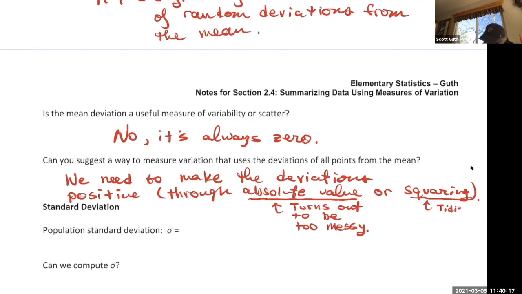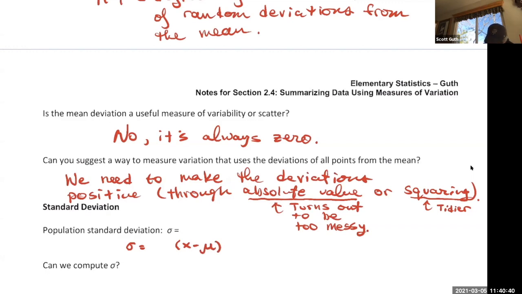And tidier means easier. So when we do the standard deviation for a whole population, we take the deviations, x minus the population mean. This is called standard deviation for a population.